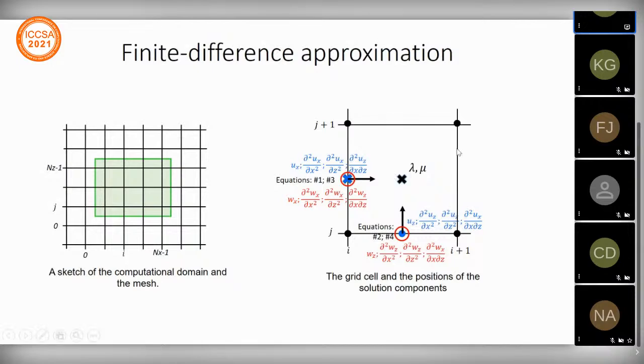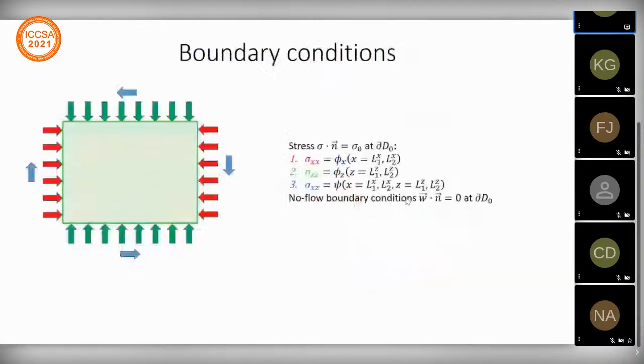So the sketch of the model and the sketch of the scheme, actually the stencil of the scheme, are presented over here. And to apply the quasi-static loading, we need to perform 3 types of experiments with 3 different loadings, and they are represented here using different colors.